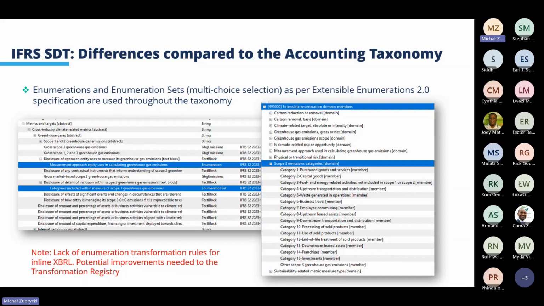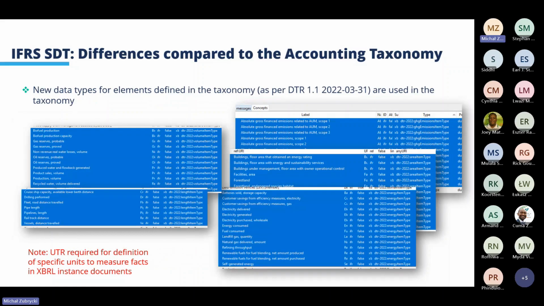I'm not hearing anything or seeing anything on the chat, so I'll move on to the last difference that I wanted to make, which might not necessarily be that difficult for the community of vendors.